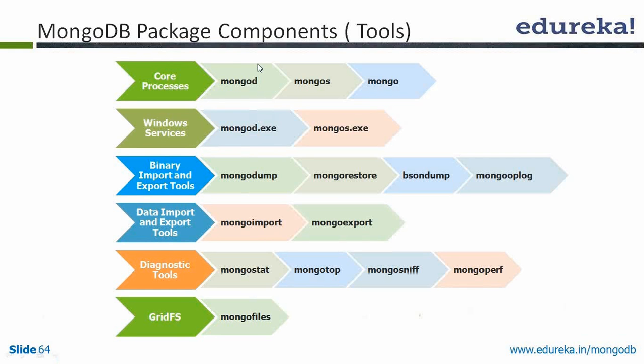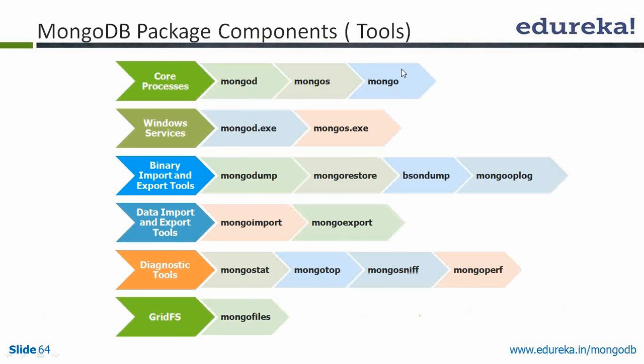At the initial stage, just keep in mind the core processes, and under core processes, three processes: MongoD, MongoS, and Mongo. MongoD is mainly responsible for database activity, MongoS will be the query router used mainly for sharding, and Mongo is the Mongo shell.